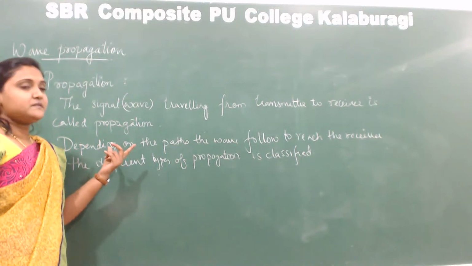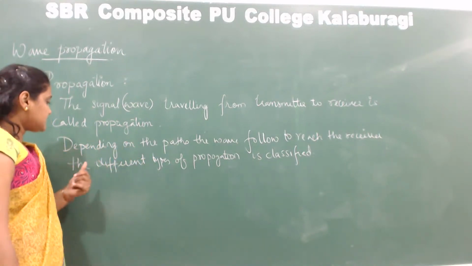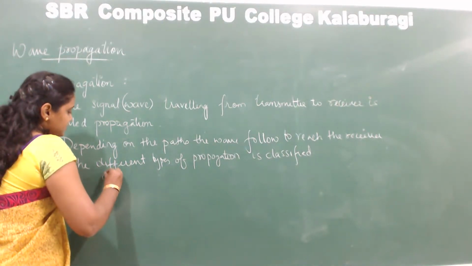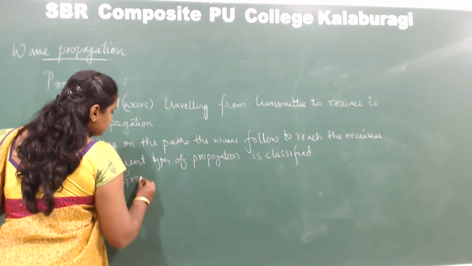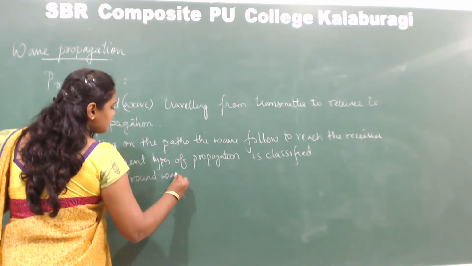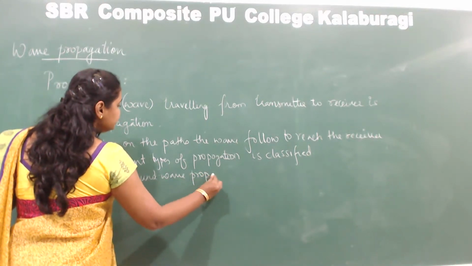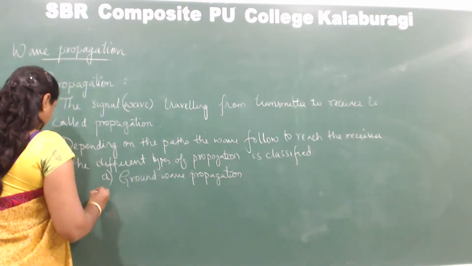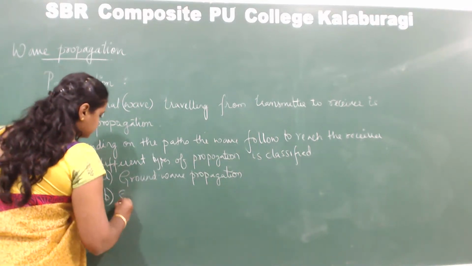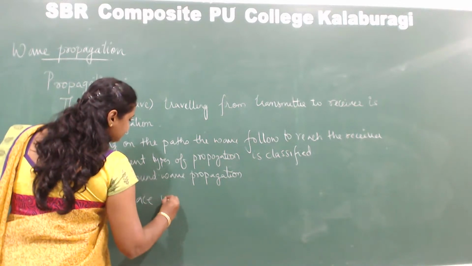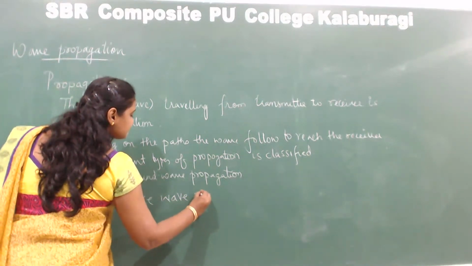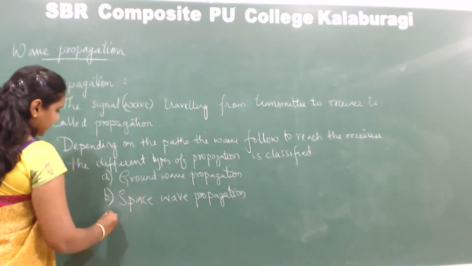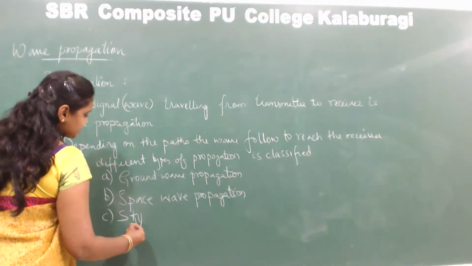Depending on the path the wave follows to reach the receiver, the different types of propagation are ground wave propagation, space wave propagation, and sky wave propagation.